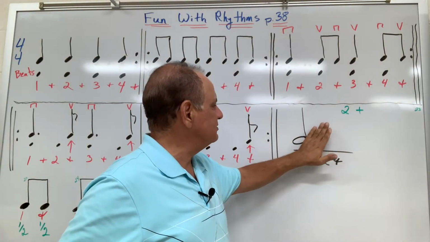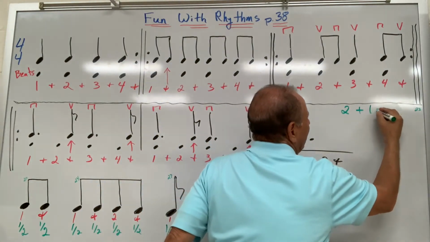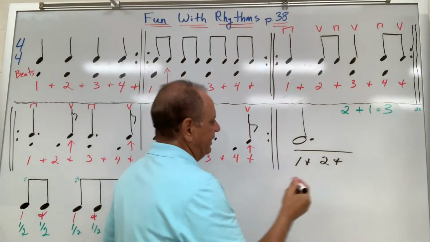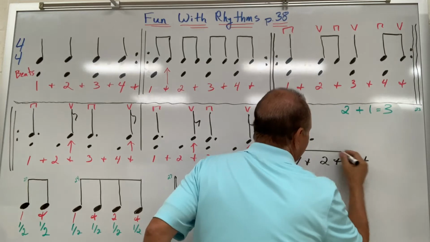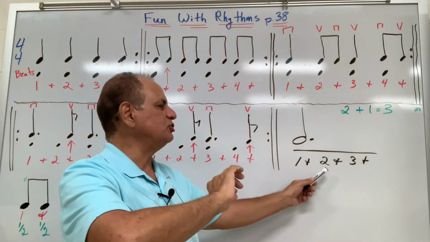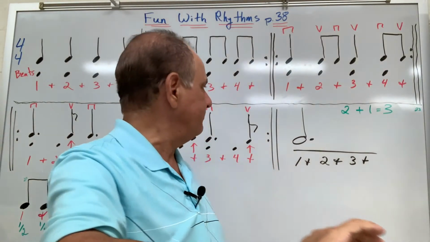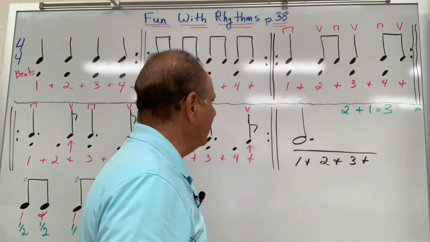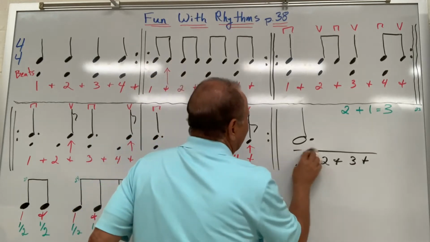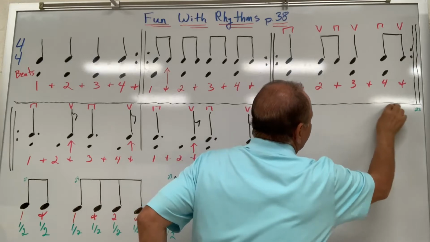The dot means take half of 2. What's half of 2? 1. Then we add it together. 3. So the dotted half note actually lasts for 3 counts. And we count it like this: 1 and 2 and 3. You have to move your bow slowly to make sure that you count 3 counts for that. So now that's how the dot changes the value of a note.